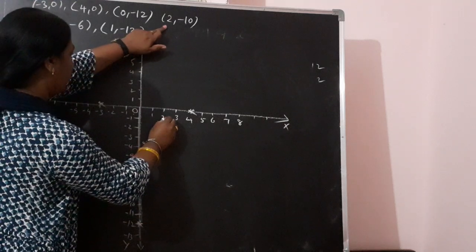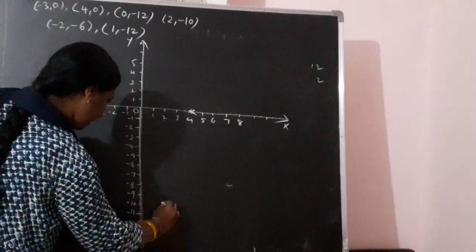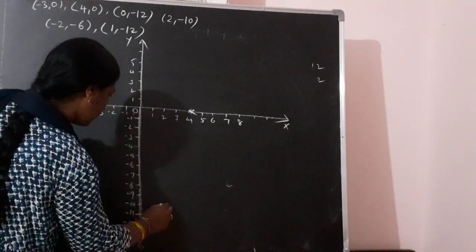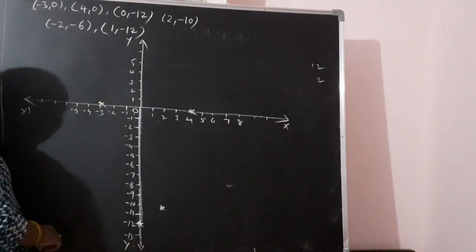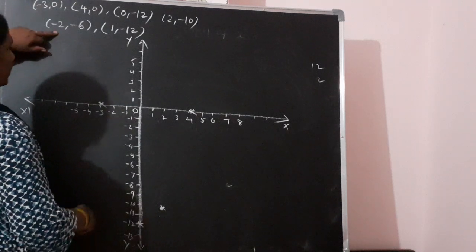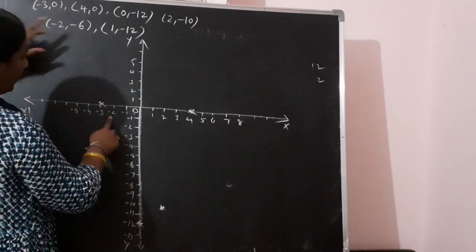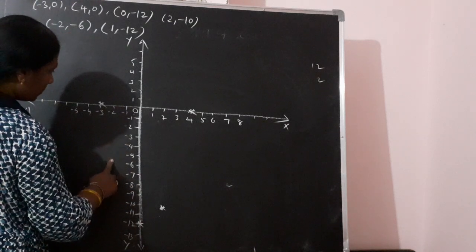Okay, y is -10. Y = -10. Okay, so now next -2, -6. X = -2. Where is x = -2? Here. Y = -6, negative -6, down. Okay, like this.